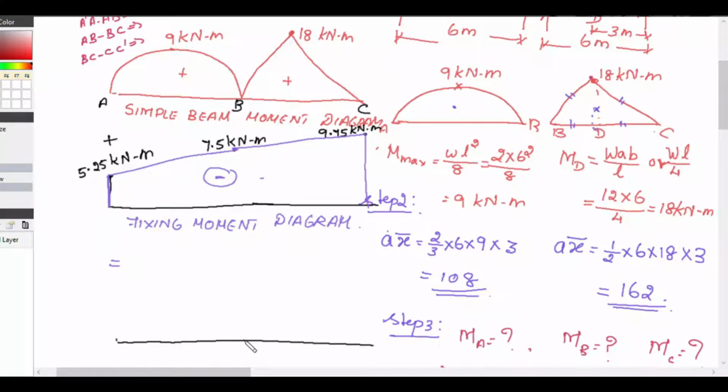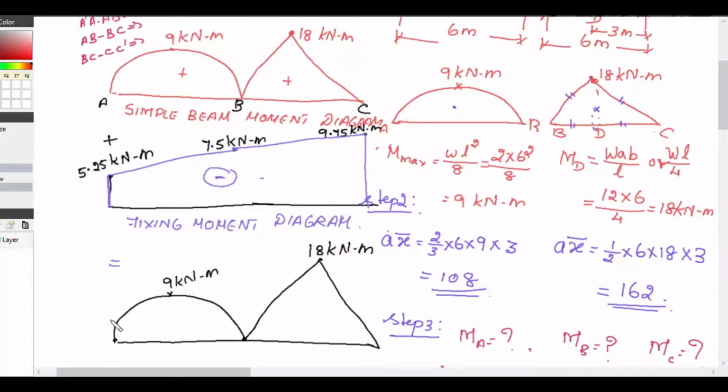For AB it is a parabola, 9 kilonewton meter. For BC it is a triangle, 18 kilonewton meter.